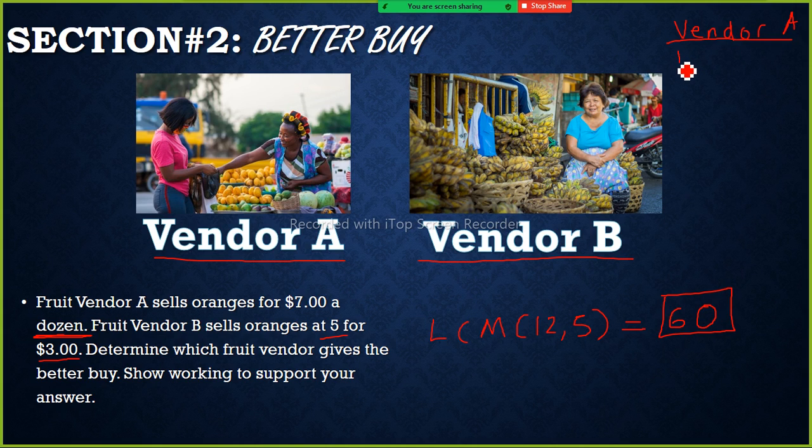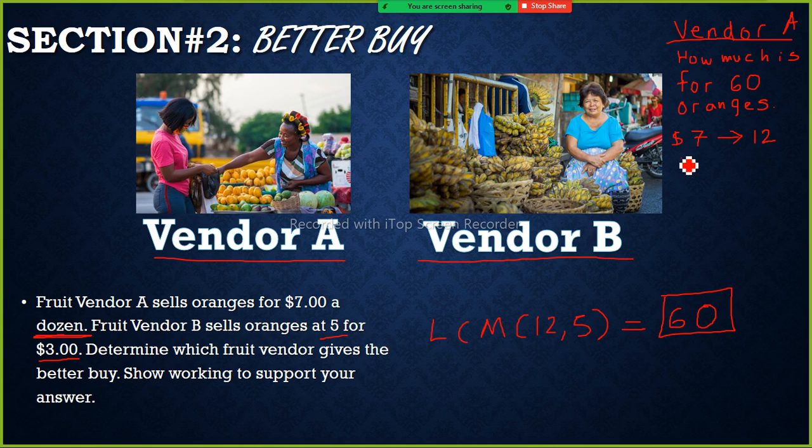So how much is it for 60 oranges for vendor A? We know that $7 is for 12, right?